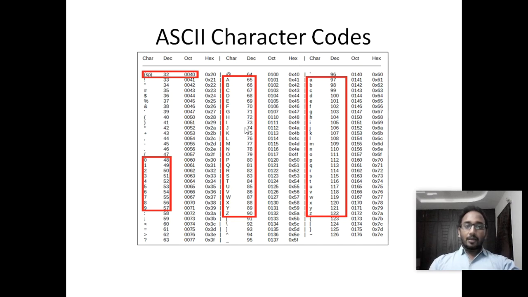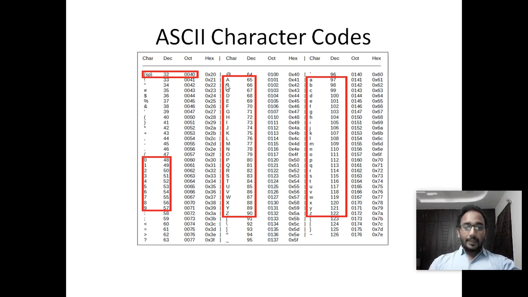In the ASCII character codes, each character on our keyboard has been given one unique value. With that unique value, we can transfer the code from one form to another form.